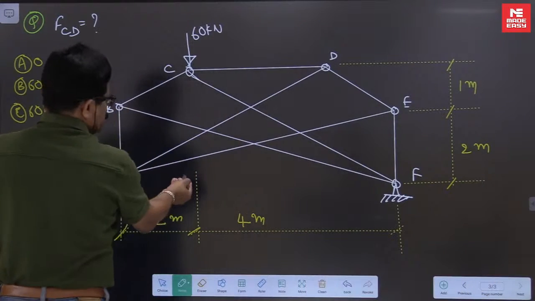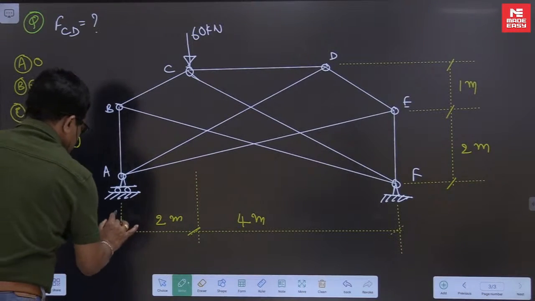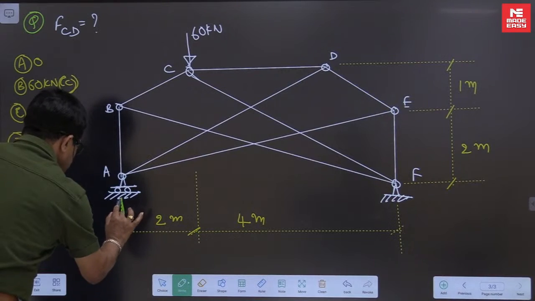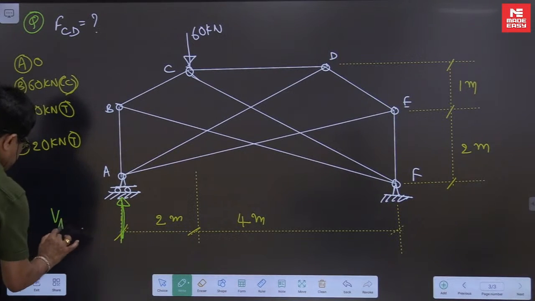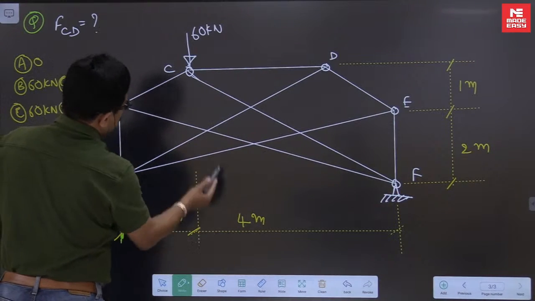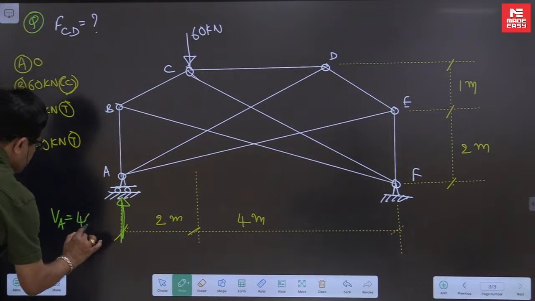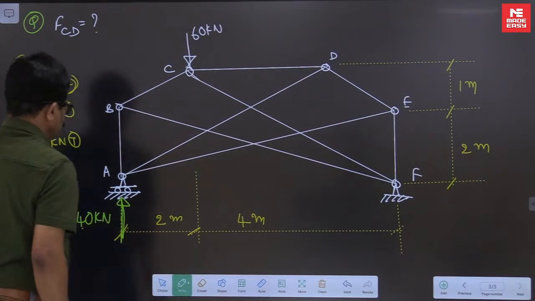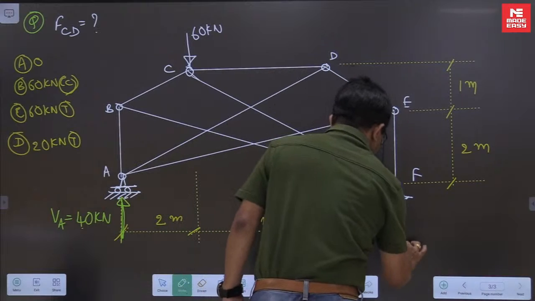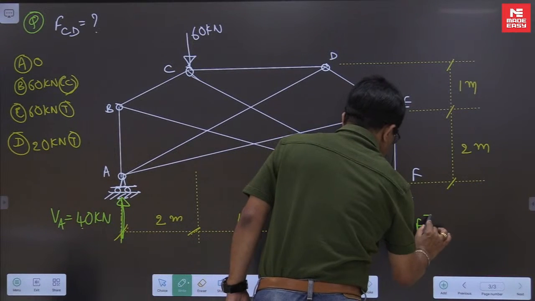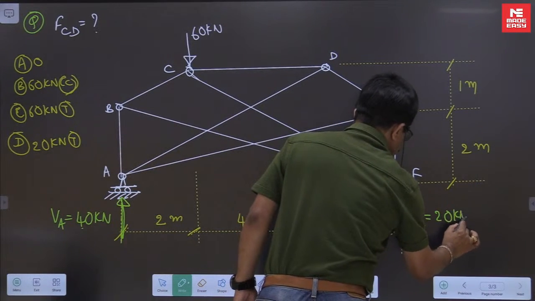Now first we'll try to find the support reactions for this one. This is VA, WB by L, that means 60 into 4 by 6. So you will get 40 kilonewton. F is 20 kilonewton.